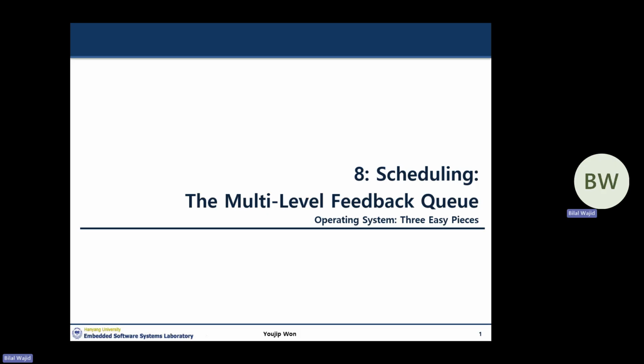In this particular lecture, we're going to extend the scheduling introduction that we started in the last lecture. In the last lecture, we made specific assumptions: all jobs arrive at the same time, once started each job runs to completion, and the runtime of each job is known.